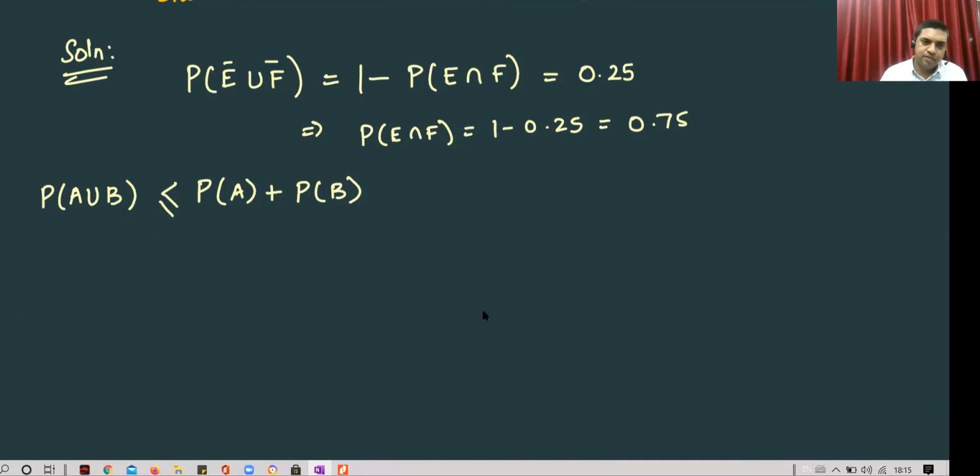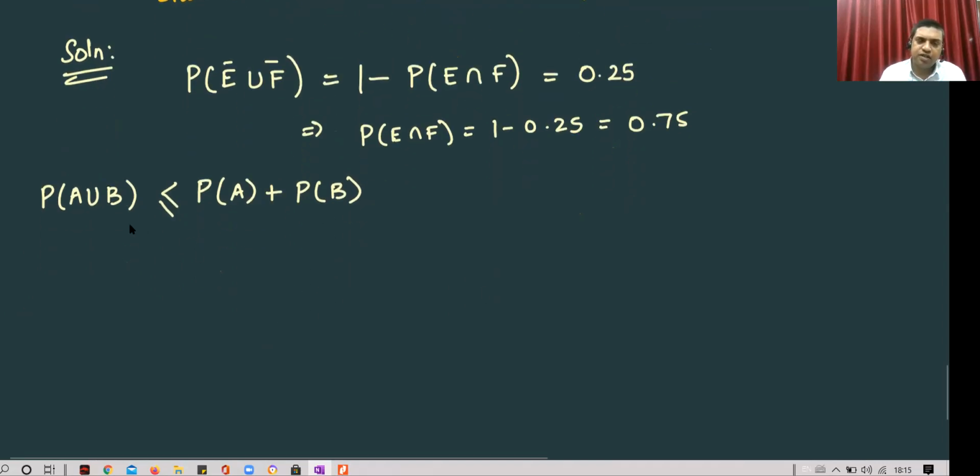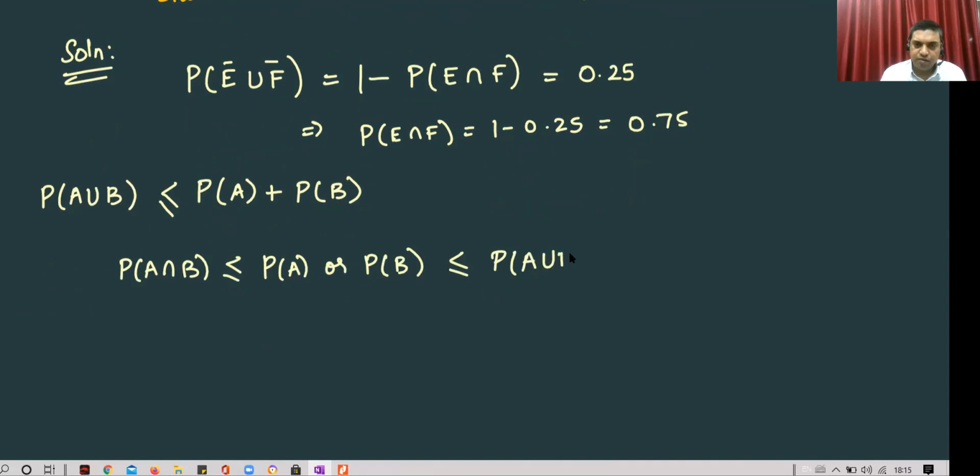And P of A intersection B will be much lesser than P of A union B. So actually, the whole thing is like this. P of A intersection B will be less than or equal to either P of A or P of B, which is less than or equal to P of A union B, which is less than or equal to P of A plus P of B. This is the entire inequality.